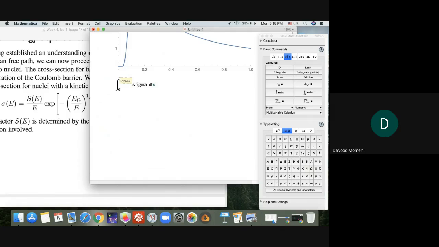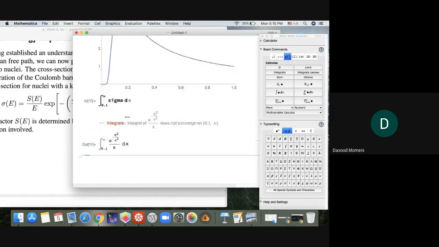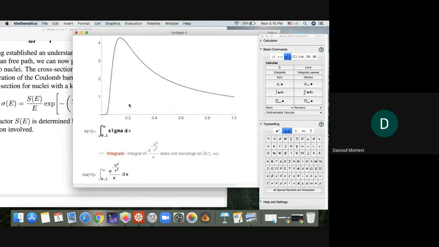Let's see whether it can calculate this or not. Just waiting, it cannot do that because it says that it is diverging. So the integral cannot be calculated. I mean, the total reaction cross section is difficult to calculate.